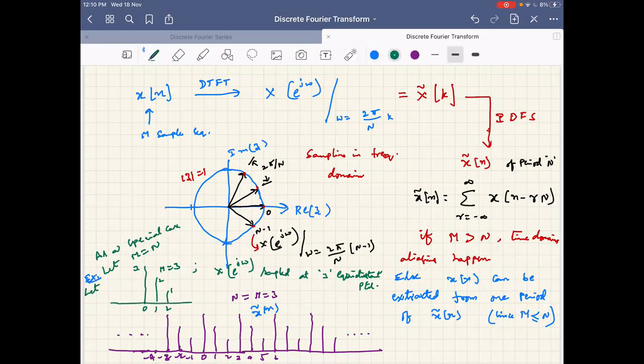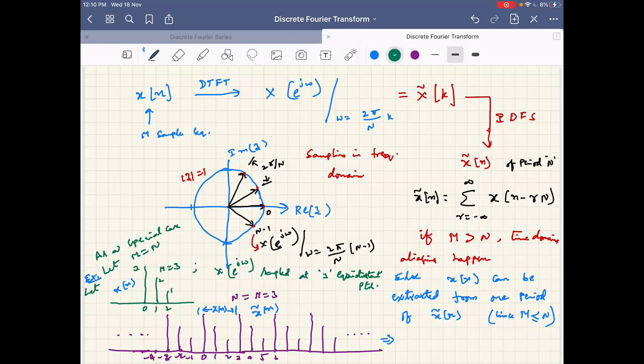Now, if we want to get back x of n, what can we do? Simply, we can take one period of it, and this one period itself can be denoted as x of n. So in the special case of N equal to M, what does this imply?